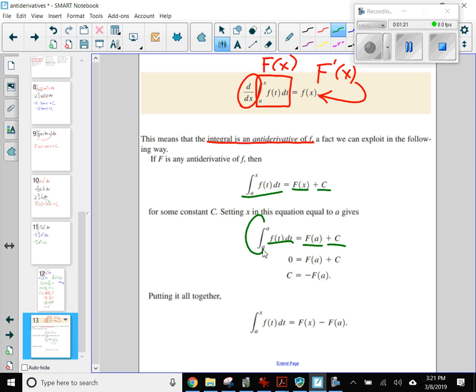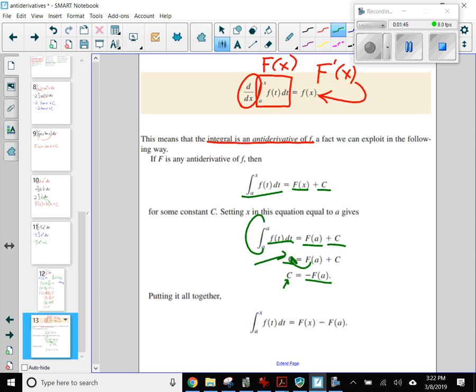Well, we know that from a to a is equal to 0. So we know that F of a plus c is equal to 0. So it means that negative F of a, so I'm just subtracting F of a from both sides, is equal to c.